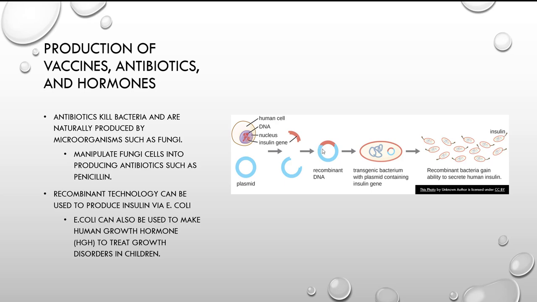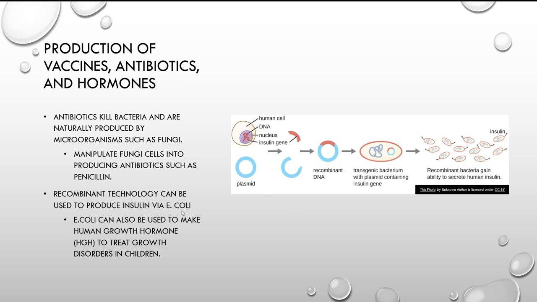Then we can use the DNA ligase to basically glue in, remember the ligase is the gluer, the segment of the human gene into the plasmid to form recombinant DNA, which then gets inserted back into the bacterial cell.